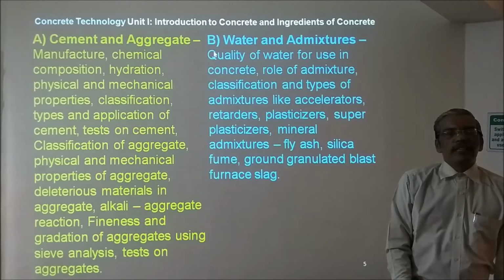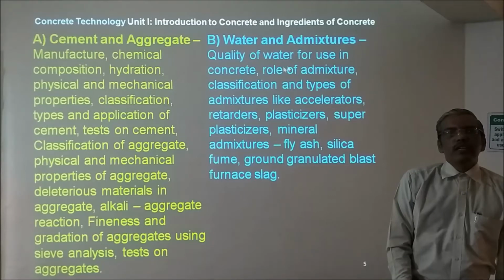The B part, the second part in unit number 1, includes water and admixtures, quality of water for use in concrete, role of admixture, classification and types of admixtures like accelerators, retarders, plasticizers, superplasticizers, mineral admixtures such as fly ash, silica fume, ground granulated blast furnace slag.